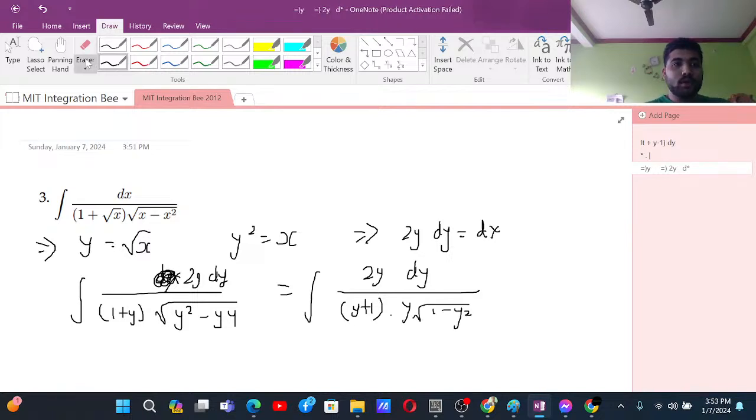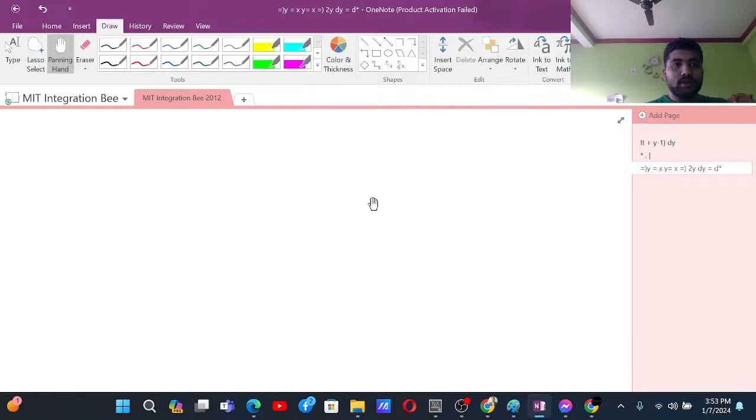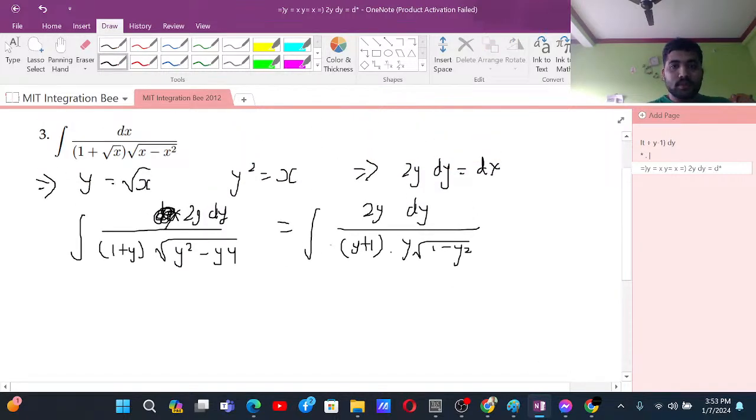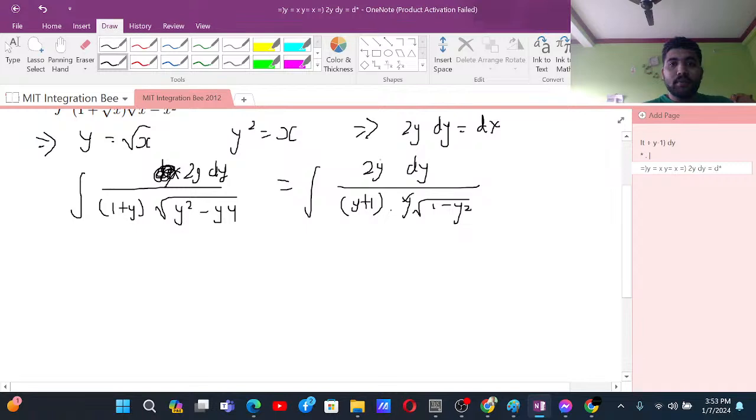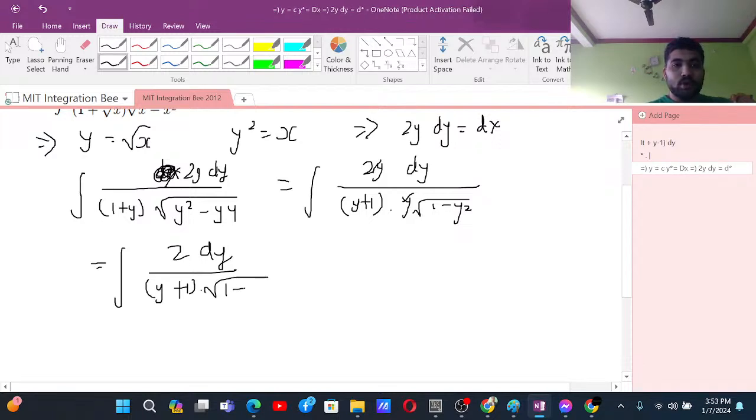Now let me increase the screen size. Okay, and now we can just cancel the y, and that gives us integral of 2 dy by y plus 1 times root under 1 minus y square. Now over here you will need a little bit of technique.